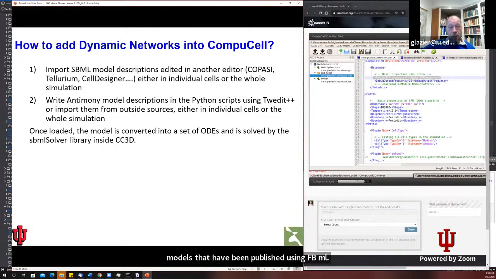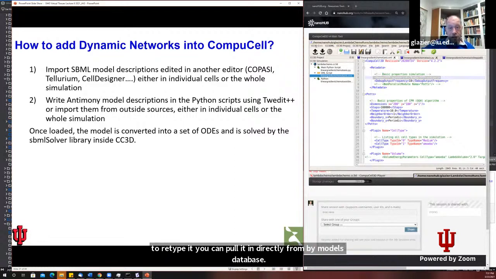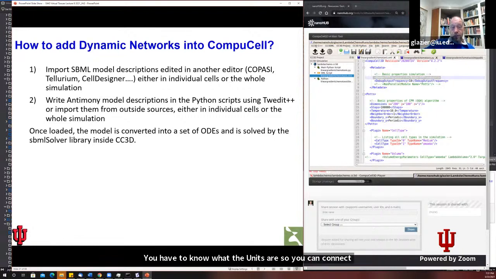And there's a BioModels database, which has hundreds of published models. That means that if there's a published model of gene regulation or signaling or metabolism that you want to use, you don't have to write it from scratch. You don't have to retype it. You can pull it in directly from the BioModels database. You have to know what the units are, so you can convert the units and connect it to your CompuCell cells, but you don't have to rewrite it.